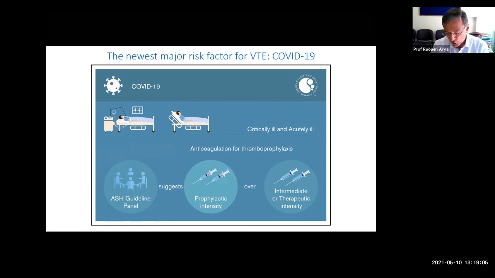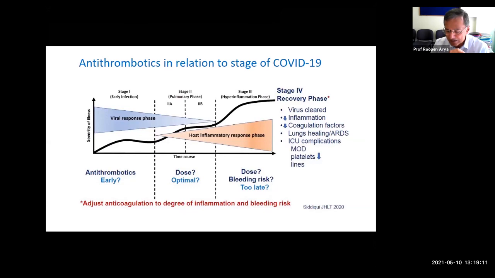But we do also know that the risks are dynamic during the course of the patient pathway, and that both the thrombosis risk and the bleeding risk might alter. There seems to be a need to adjust the intensity of anticoagulation to align to the degree of inflammation and bleeding risk.